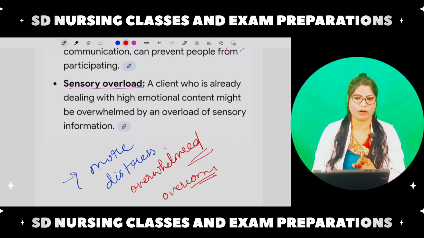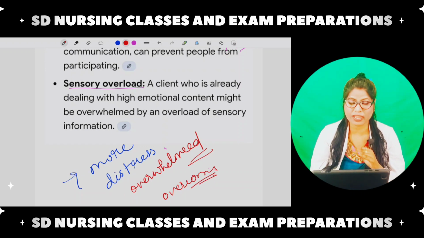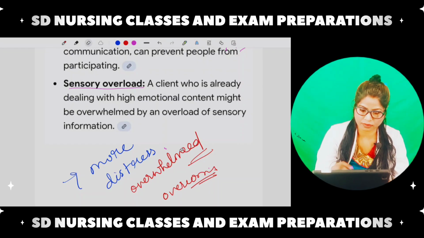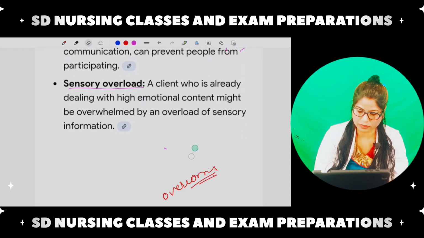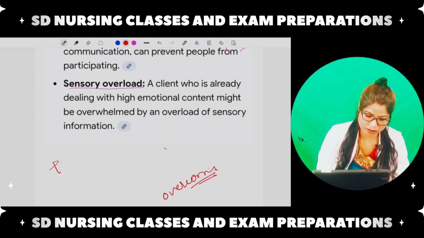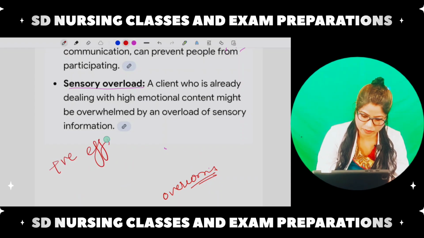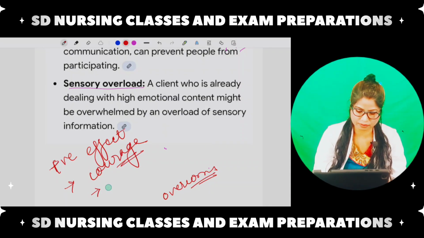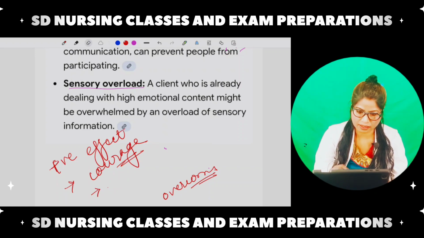To overcome sensory overload, from this type of barriers, we have to talk to the patient in a way that can create a positive effect as well as courage, and decrease her emotional level.